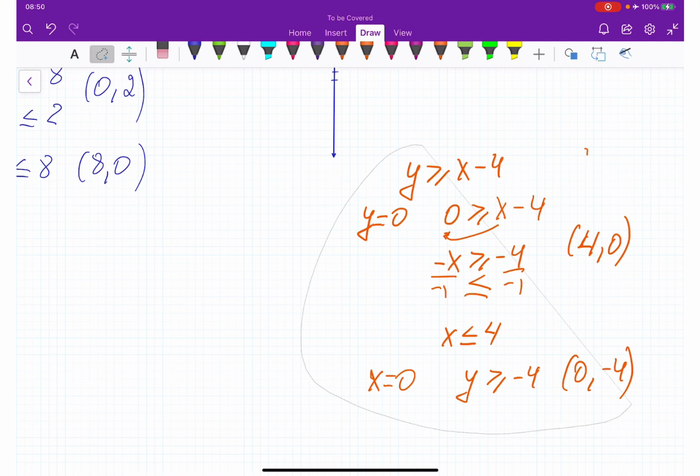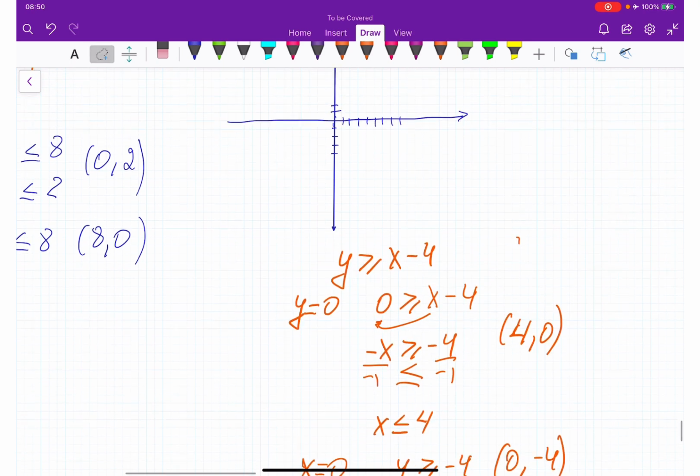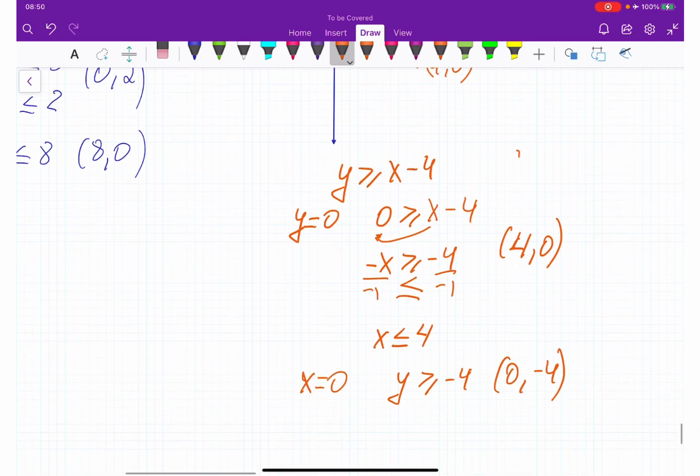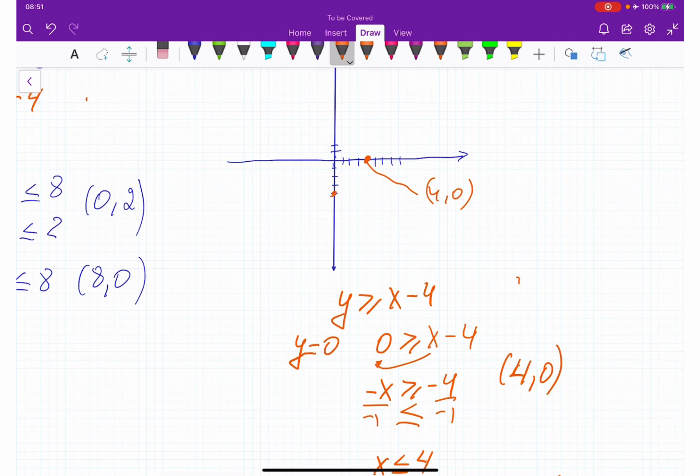Let me move a little bit this way so it would be more comfortable. 4 and 0. 1, 2, 3, here it is. This is 4 and 0. Okay. And the other one, 0 and negative 4. This is going to be 0 and negative 4.